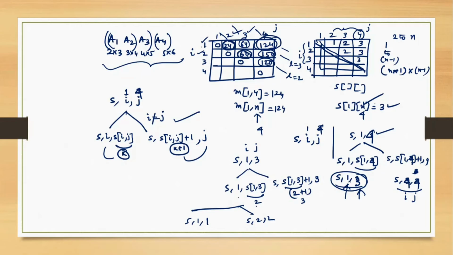So 124 is for k equals 3. For k equals 1, there was another value. That value needs to be compared with infinity, because initially m of 1,4 was initialized as infinity, that is m of ij. Infinity needs to be compared with the first value. After comparison, any value other than infinity is always less than infinity, so that value is taken. Then this value needs to be compared with the next one and so forth. Finally, the minimum value is stored.